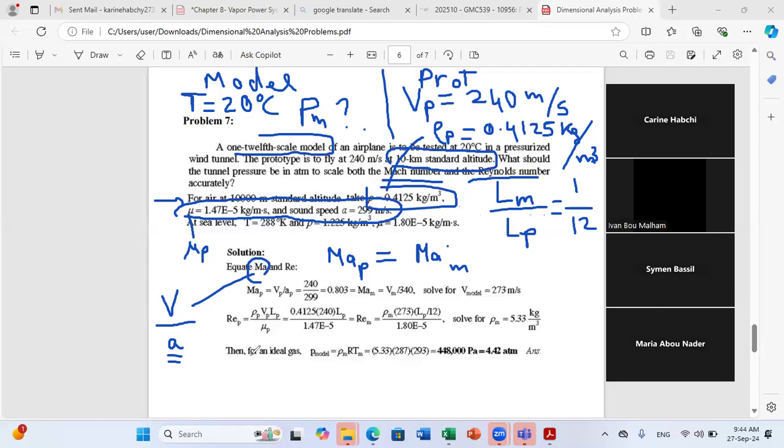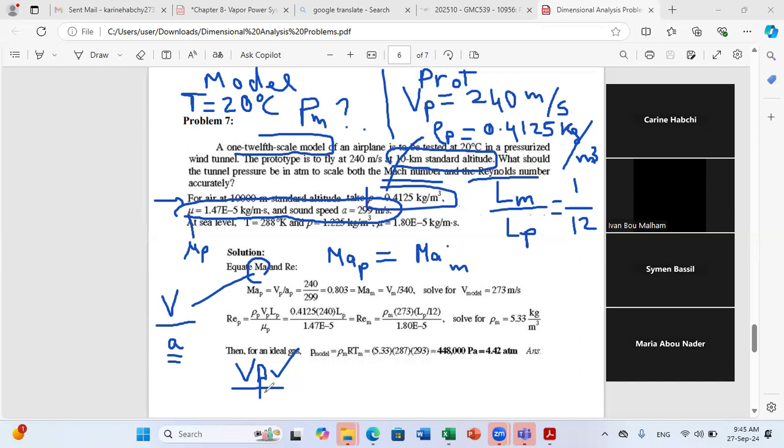So we can write that Vp is given. We have Vp over the velocity of sound in the medium for the conditions of 10-kilometer altitude. Also, we got it from the table, so it's 299.